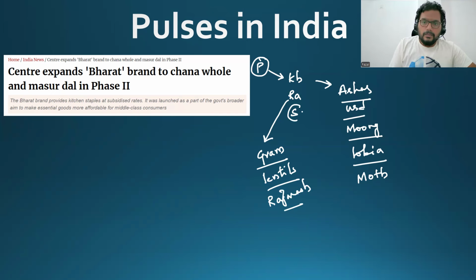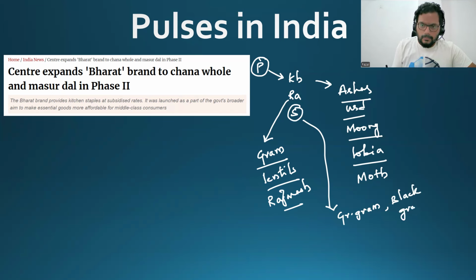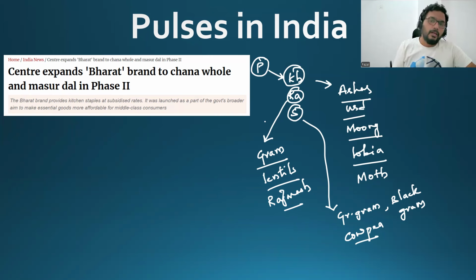The summer, or you can call it directly Zaid, covers green gram, black gram, and the pea variety, that is cowpea. So all these are being produced in our country. So you should understand that pulses coverage is across all these seasons.